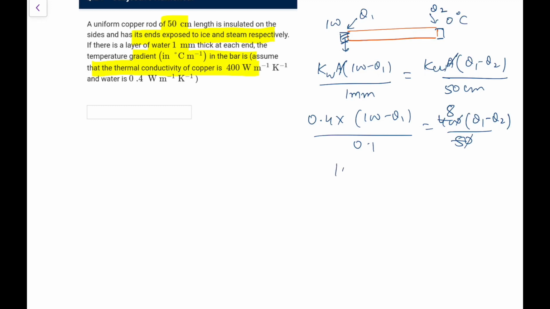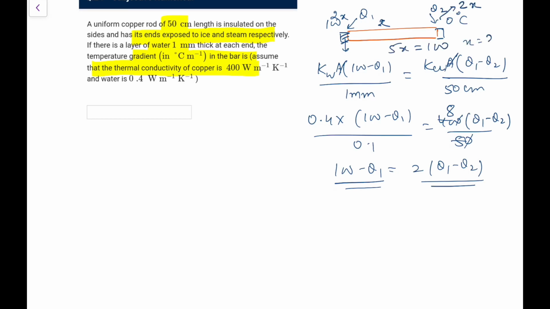So 4 8, that would be 200 minus theta 1 is 2 times theta 1 minus theta 2. That means this drop is double of this drop. So let's say this drop is x, so it is 2x, this is x, this will again be 2x. So the total drop is 5x equal to 100, that means x is equal to 20.